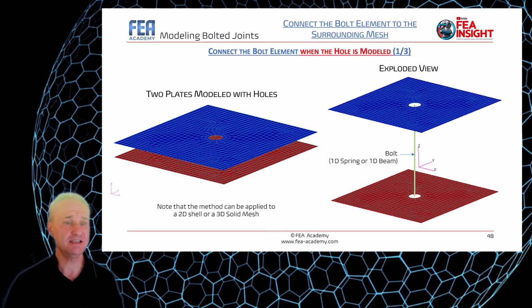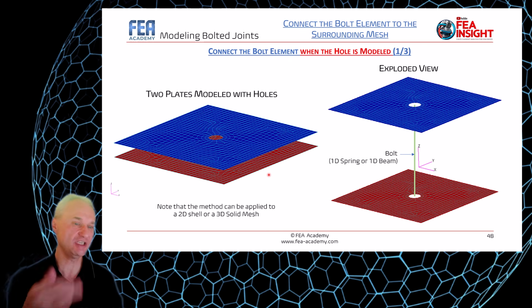So in this example, I want to cover first how to connect the bolt element when the hole is modeled. Here you see, for example, two plates modeled with holes, the yellow plate here and the red plate. In this example, they are modeled with 2D shell elements, but what I'm going to present here can also be applied to a 3D solid mesh.